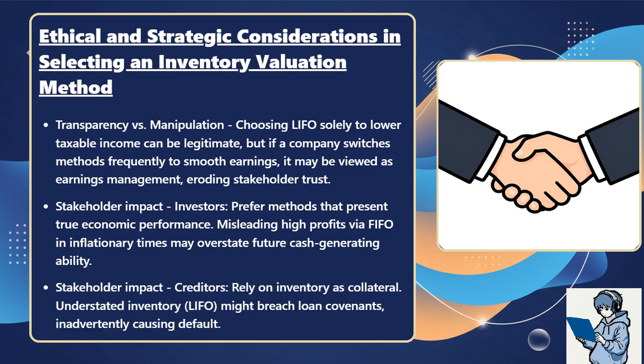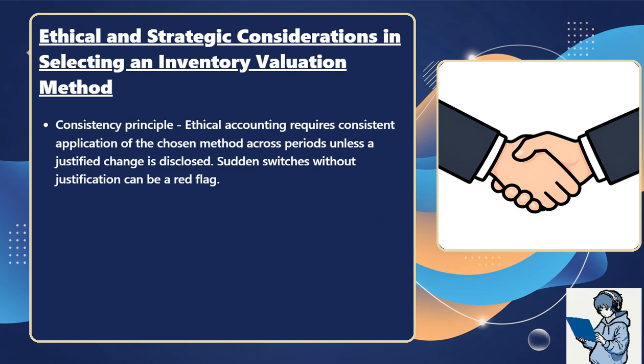Stakeholder impact: creditors rely on inventory as collateral. Understated inventory under LIFO might breach loan covenants, inadvertently causing default. Consistency principle: ethical accounting requires consistent application of the chosen method across periods unless a justified change is disclosed. Sudden switches without justification can be a red flag.